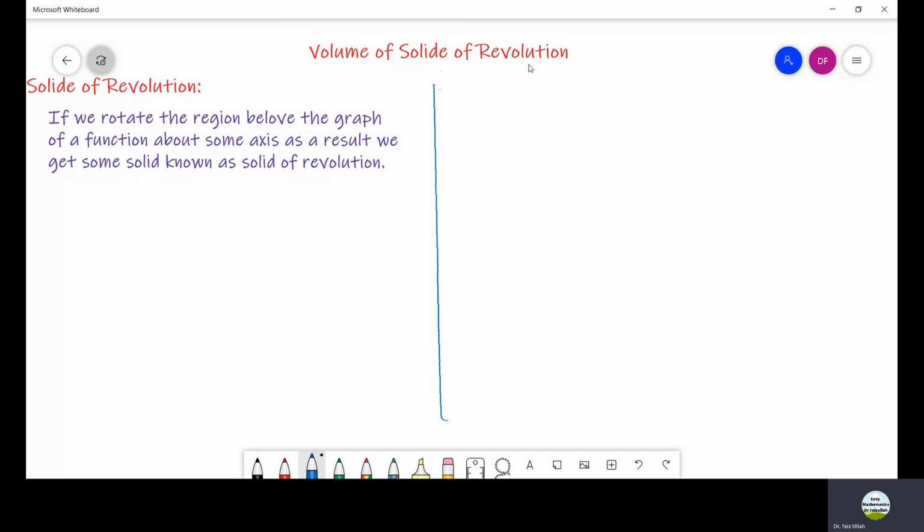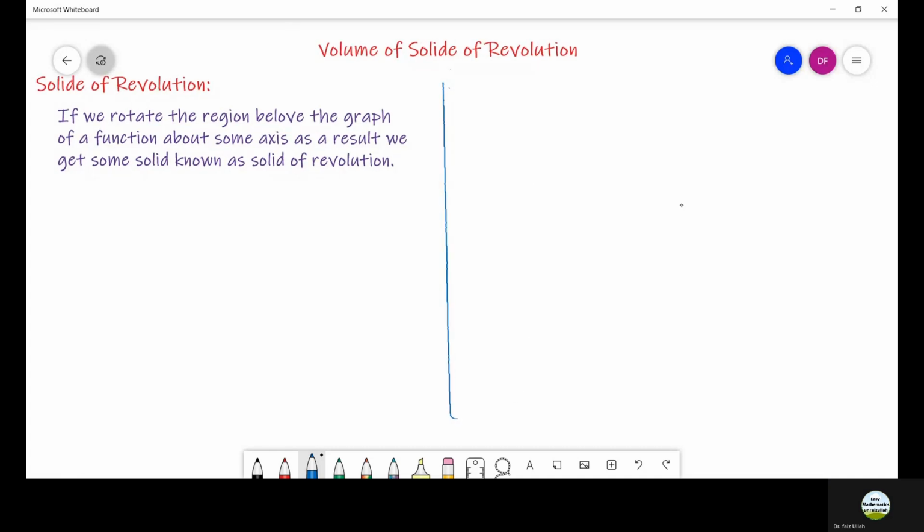Let us know what is a solid of revolution. We draw the graph of some function f of x. Let us say this is the graph of some function f of x, which is from x is equal to a to x is equal to b.